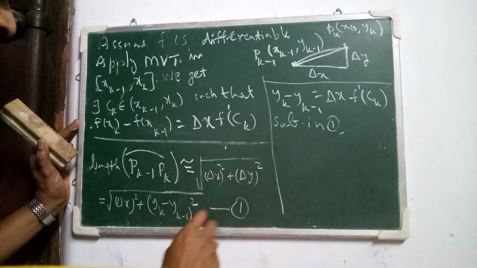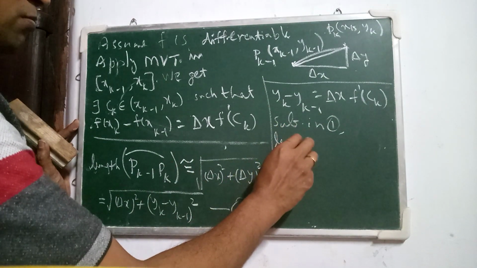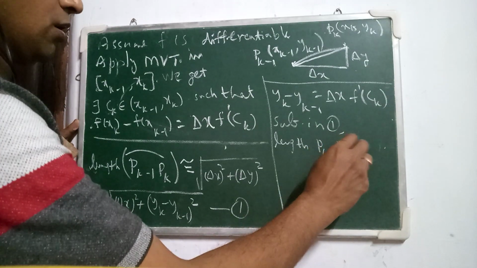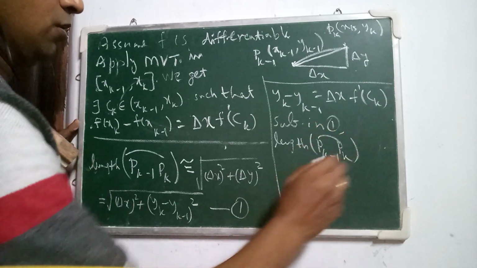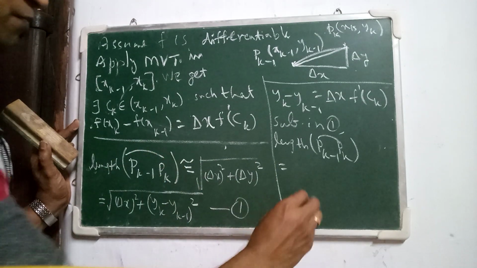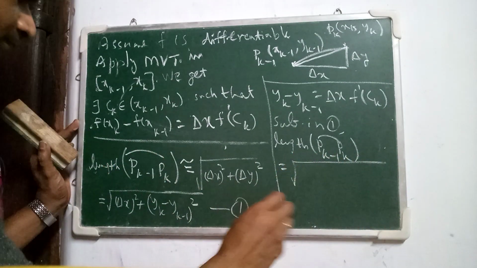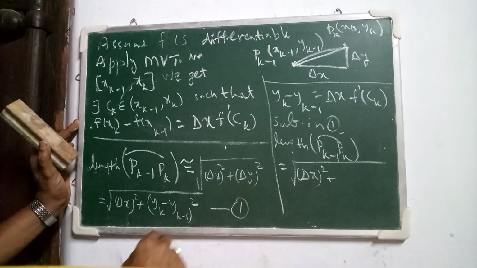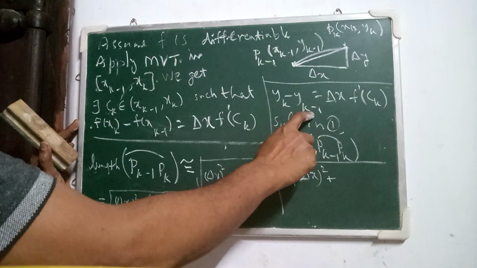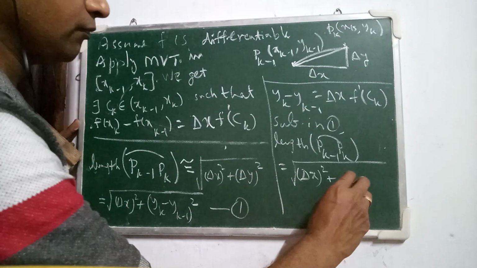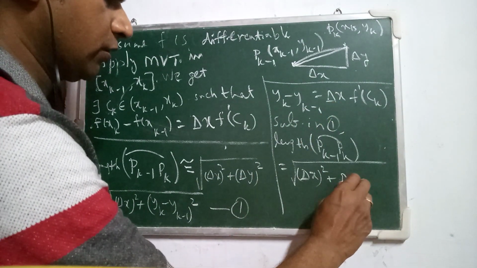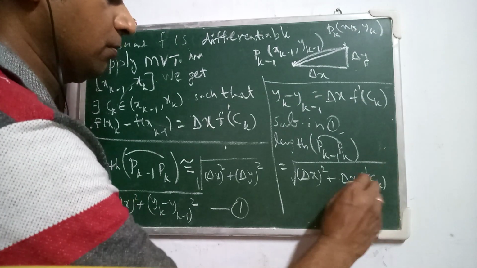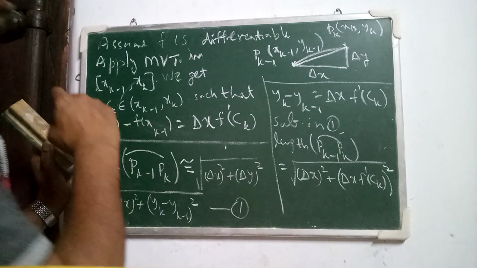What I will get? Length of p k minus 1 p k arc is equal to square root of delta x the whole square plus square of this. So what is that? Delta x into f dash of c k whole square.